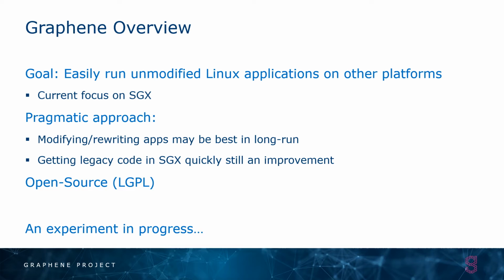There are a number of cases where getting existing code running in SGX quickly can be a net improvement for security or a useful building block for a research project. So again, the target of Graphene is to run unmodified application code in SGX with minimal difficulty. Graphene is an open source project released under the LGPL, and overall, it's a software experiment in progress.